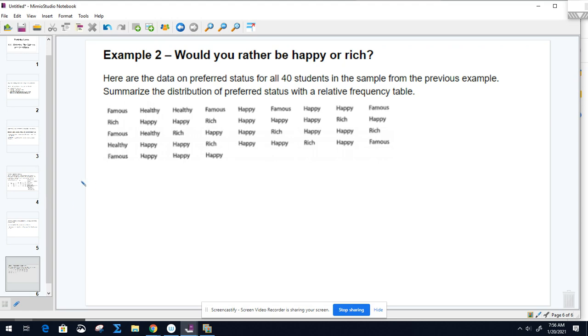So what are the different types of status a student could have? We could have famous. We can have healthy. We can have happy. We can have rich. That's four of them: you want to either be famous, healthy, happy, or rich.